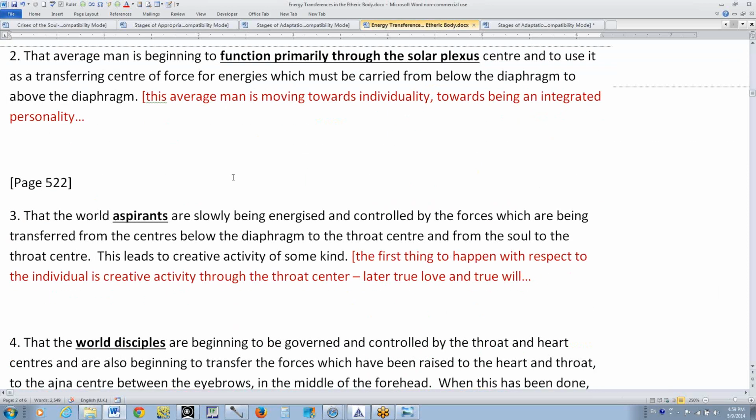World aspirants, well, the world aspirants definitely are working in the hall of learning and in the love petals, and they are especially, let us say, maybe in the fourth petal. They are still, in a way, personalities, and there's a lot of the third ray occurring in this third petal.